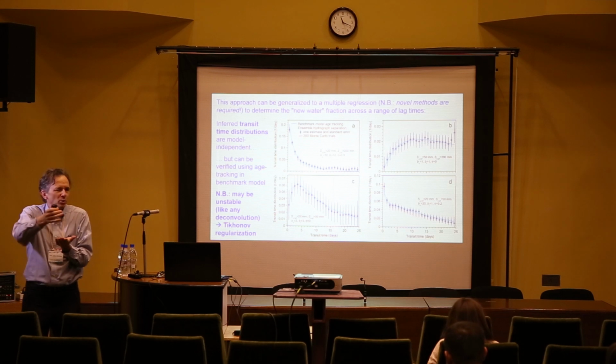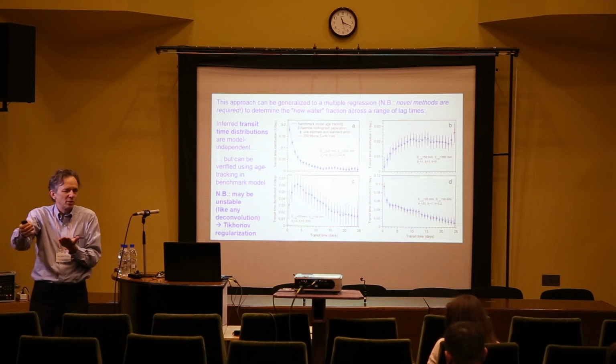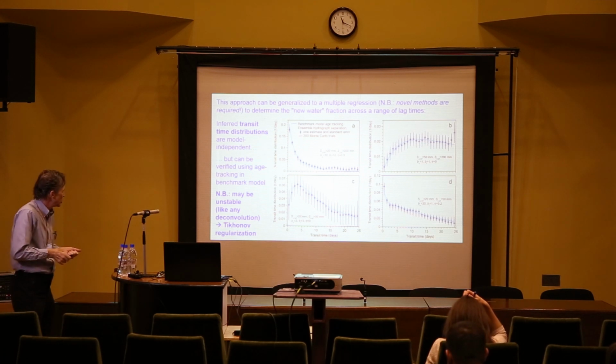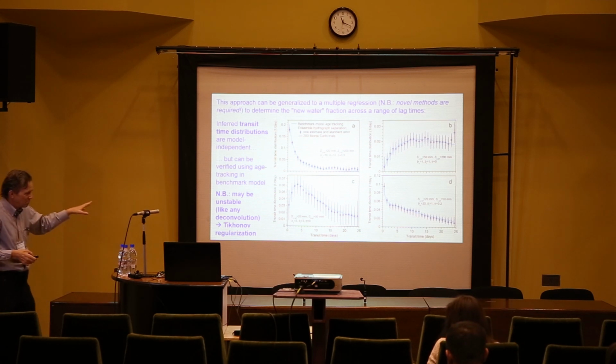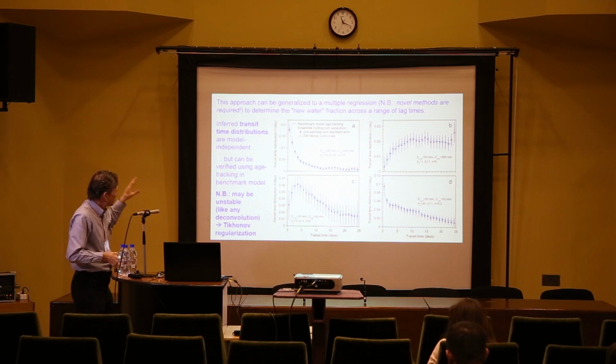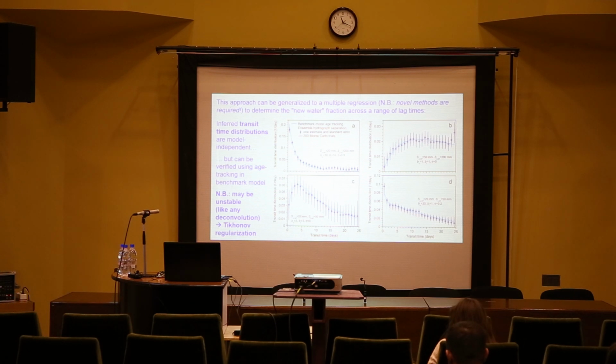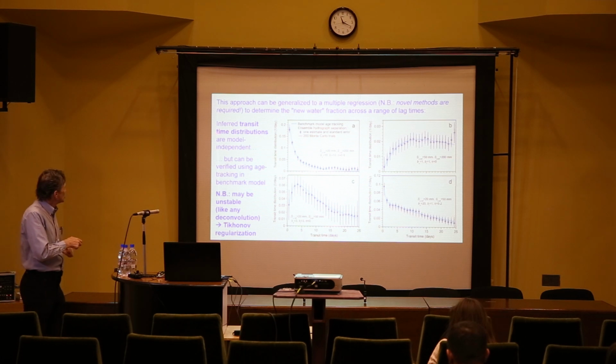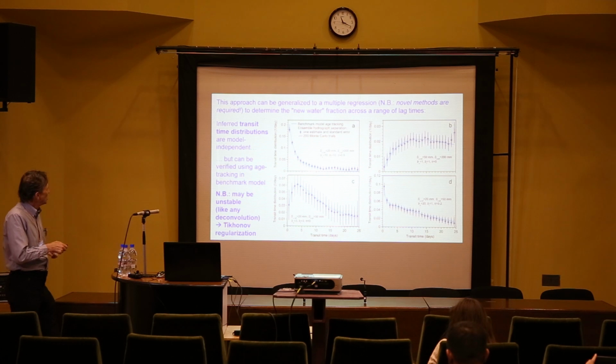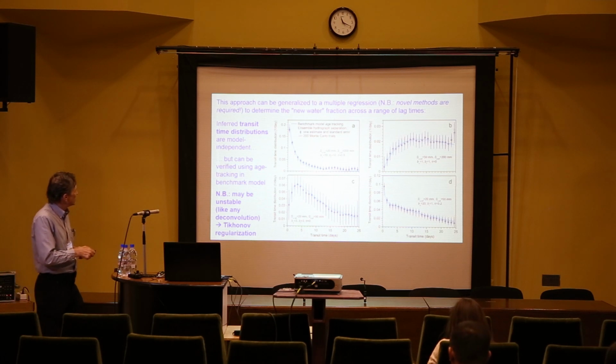If we look at multiple time lags, we have something that looks very similar to multiple regression. There are all kinds of mathematical details that are not truly multiple regression, but you can think about it that way for our purposes. So doing this, then, you can generate a transit time distribution, a distribution of ages, of how much water is 1 day old, 2 days old, 3 days old, et cetera. And this can vary greatly.